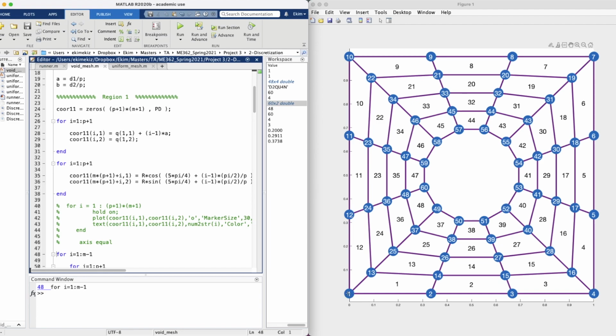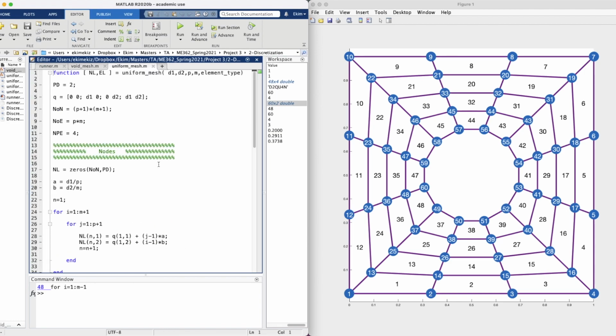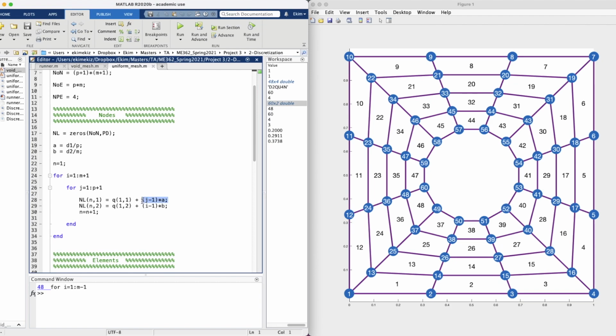Remember we have P plus 1 nodes here for regions 1 and 2. Okay, then, like we did for the uniform mesh, we use the coordinates of the corner. So the x coordinate of the first corner plus a, so I minus 1 times a. That's just what we had before.